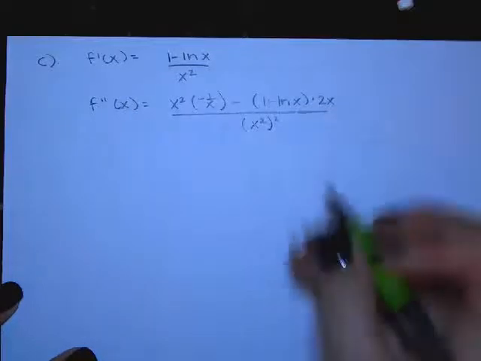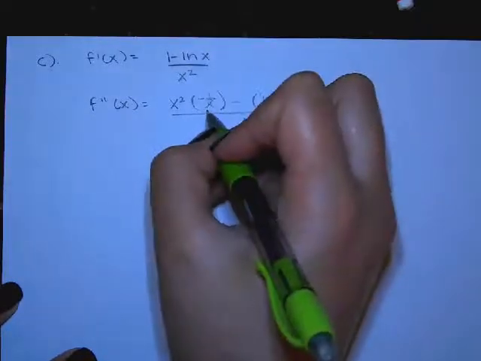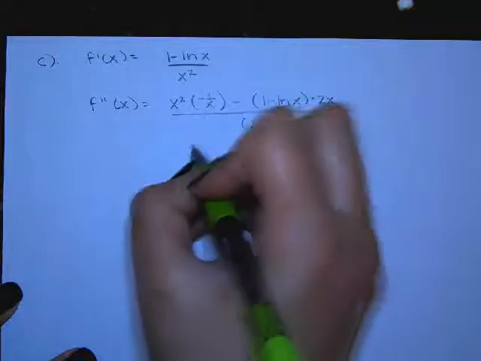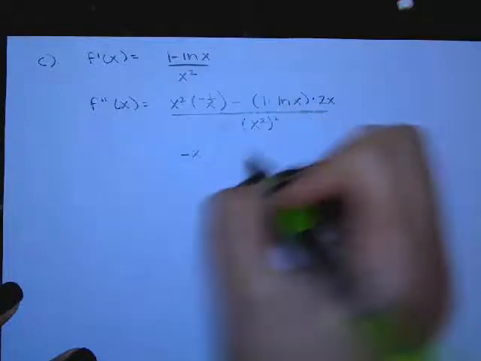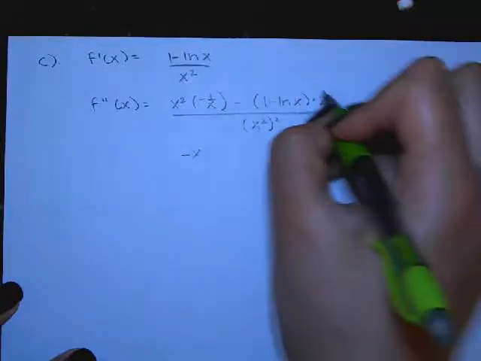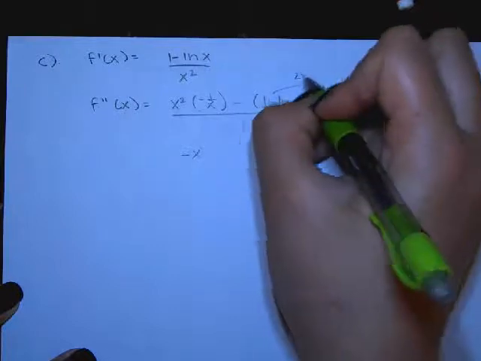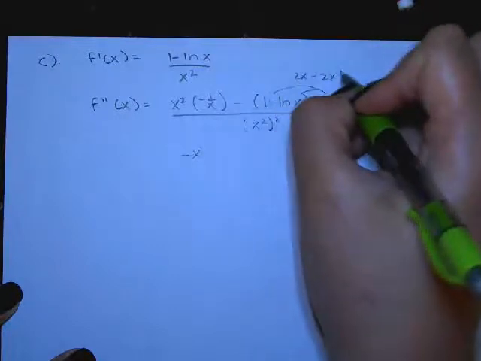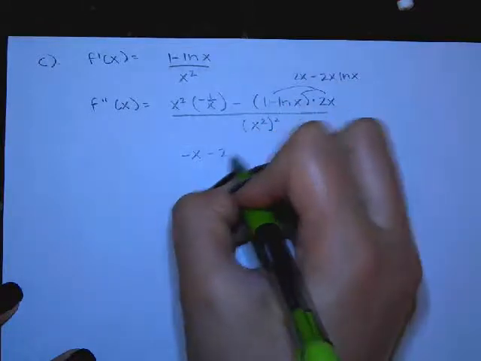I can definitely clean this up a little bit. So we've got negative x. If I distribute that 2x, I get 2x minus 2x ln x, and then I have the negative that I need to distribute to that.